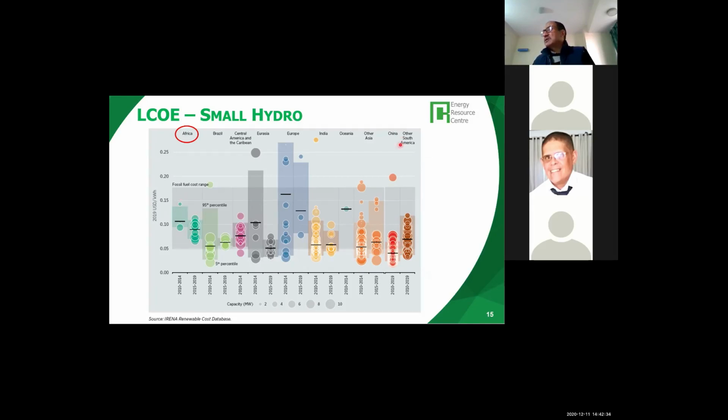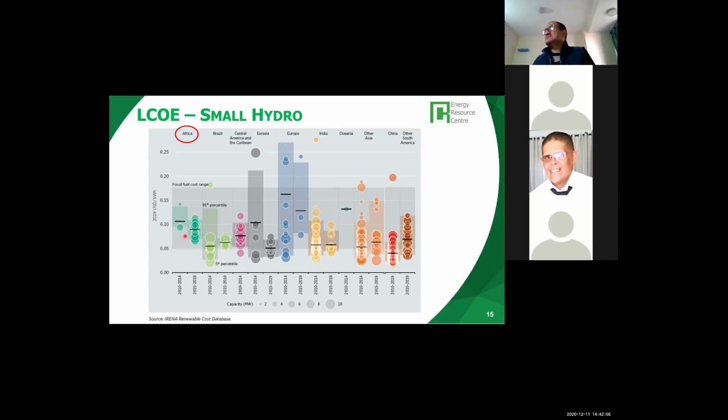Now, it's always good to compare with China because they are very competitive now. In China, the average levelized cost of hydro is about 2.5 to 3 cents, quite cheap. Even the maximum is lower than the average cost in Africa. Similarly in other parts of Asia.